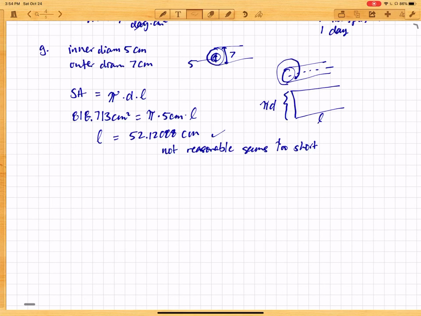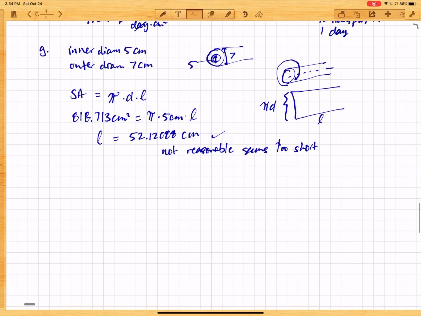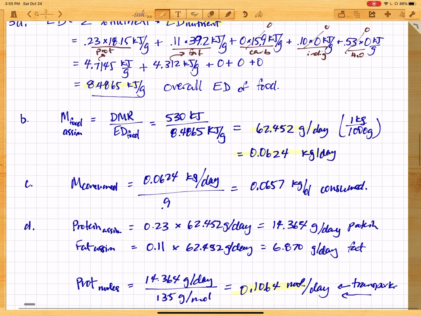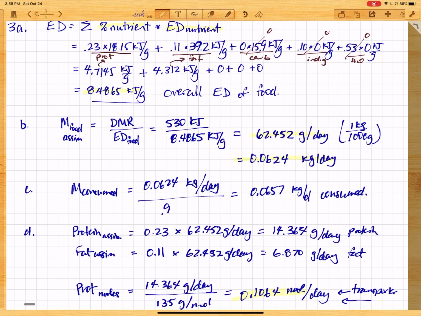So the mass of the food is the mass of 60 days' worth of food. We just go back to the amount that we need to assimilate per day, and multiply that by 60.